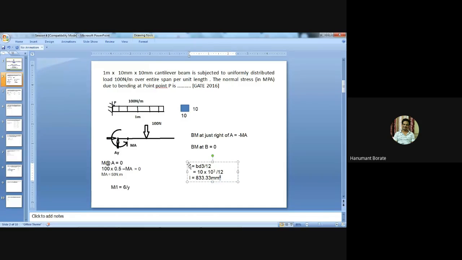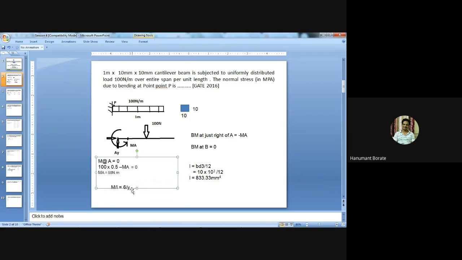Okay. Now we need to calculate the value of Y. Y is nothing but the distance of the extreme fiber from the neutral axis.